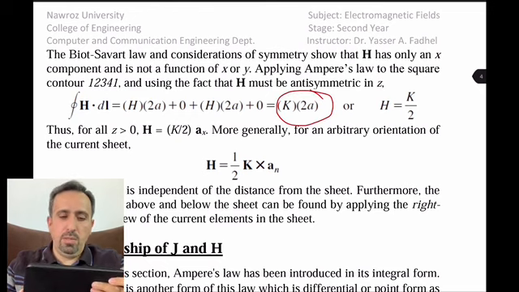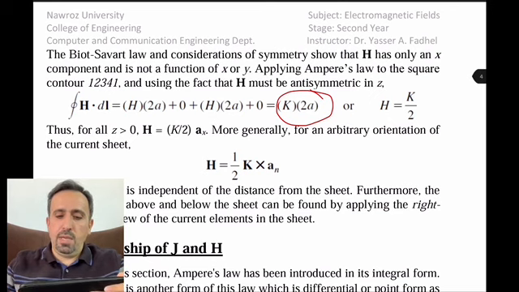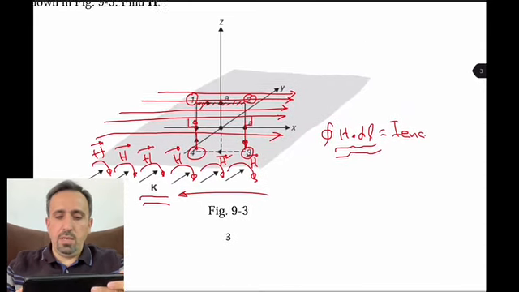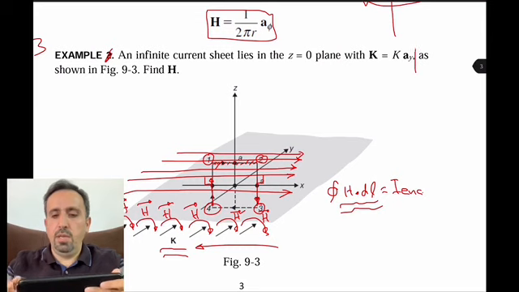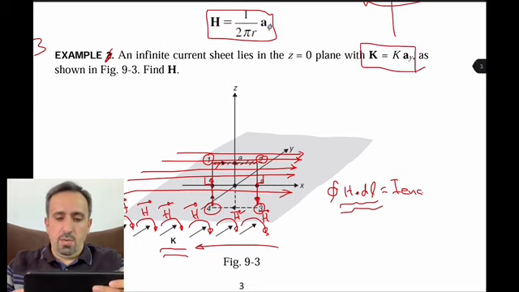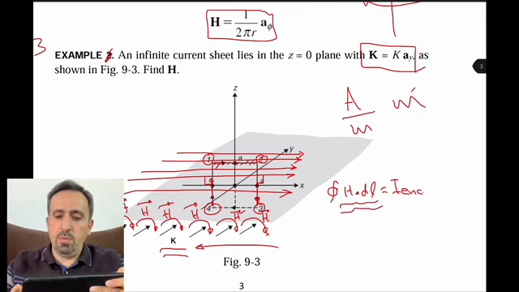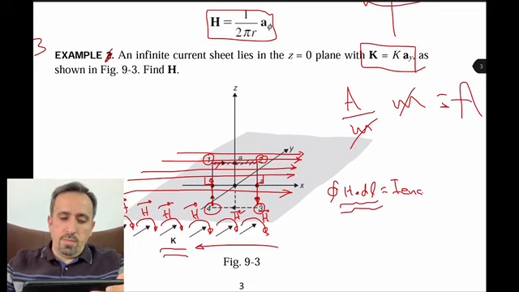From where do you get this? From the given current sheet density. You are given the current sheet density in the question to be K equal to K ay. When you multiply this current sheet density, which is in units of amperes per meter, with meters, meter will go with meter, and you get just the ampere value. So how much is the amount of current enclosed inside here?